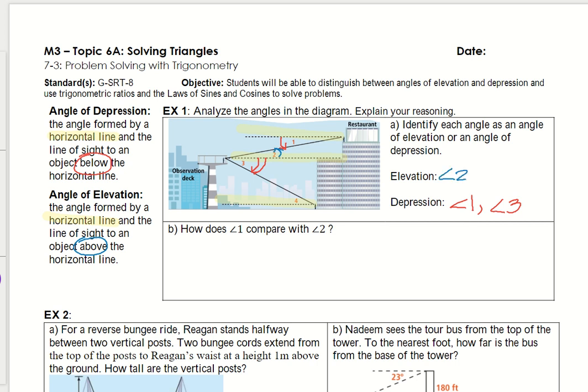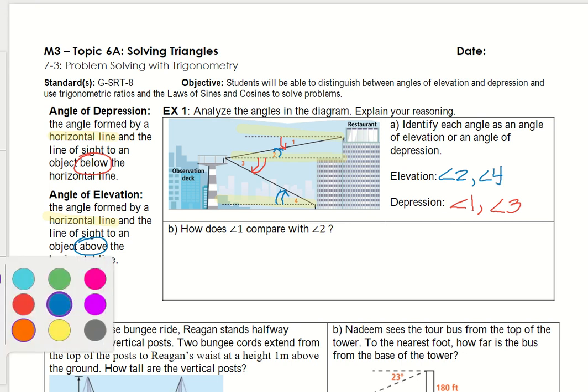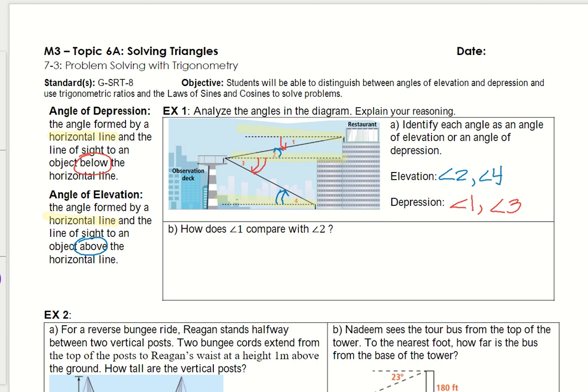And the person on the ground, if they're looking up at the person at the observation deck, they're looking upwards, that would be an angle of elevation at angle 4. What we can see is that all of these horizontal lines are parallel to each other.